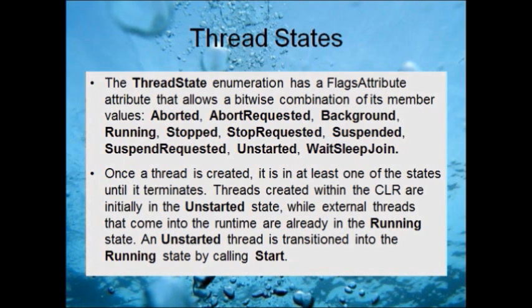Once a thread is created, it is in at least one of the states until it terminates. Threads created within the CLR are initially in the Unstarted state, while external threads that come into the runtime are already in the Running state. An unstarted thread is transitioned into the Running state by calling Start.